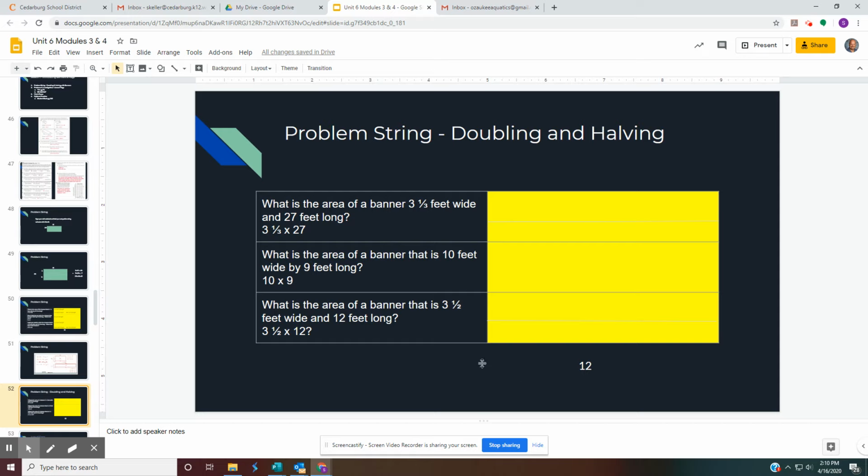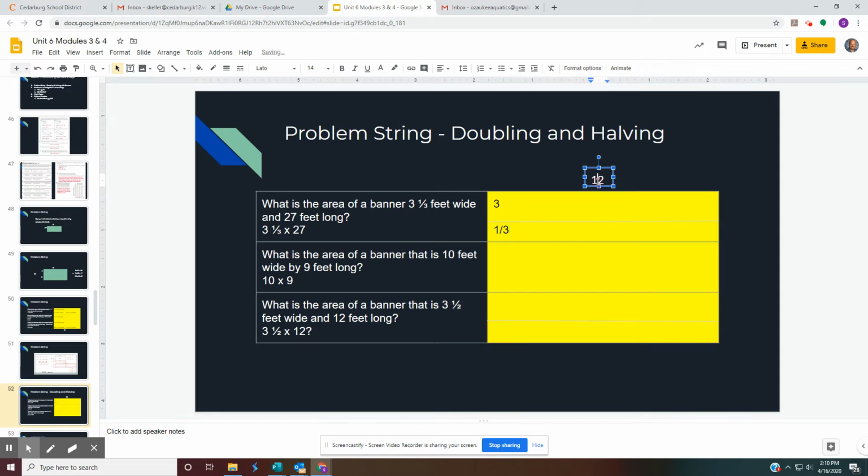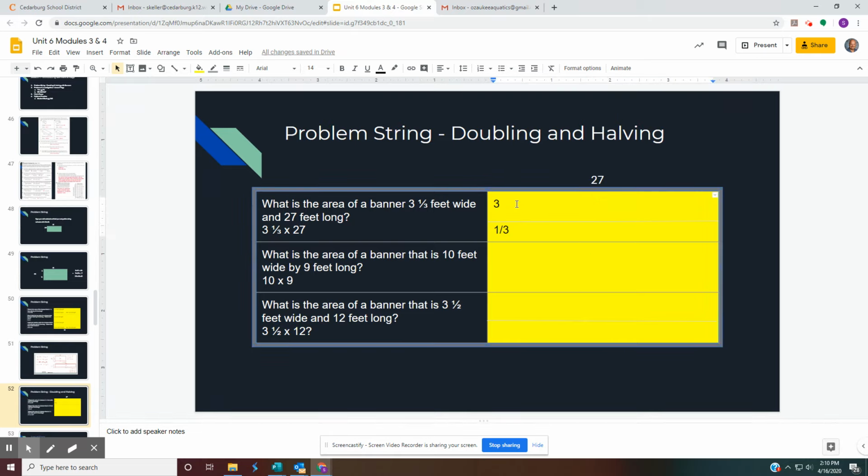Our next group is 3 1/3 by 27. All right, so we're going to take 3 because it's 3 feet wide here, and a third wide here. And we're going to change this digit to 27. There we go. So this just means for this array, we have to multiply 3 times 27.